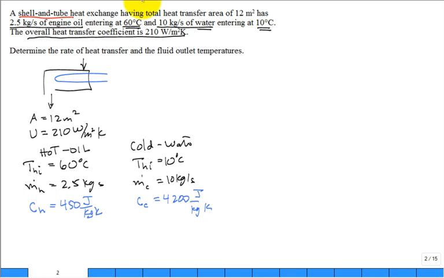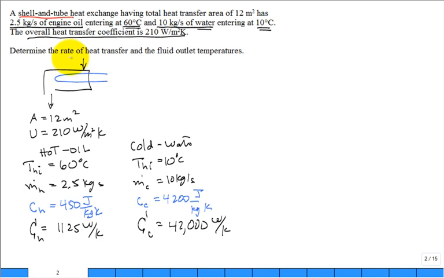So right away I can calculate the heat capacity rate of the hot fluid, 1125 watts per Kelvin, and the heat capacity rate of the cold fluid, 42,000 watts per Kelvin. All right, so I'm already thinking I'm going to solve this problem using the effectiveness-NTU method.